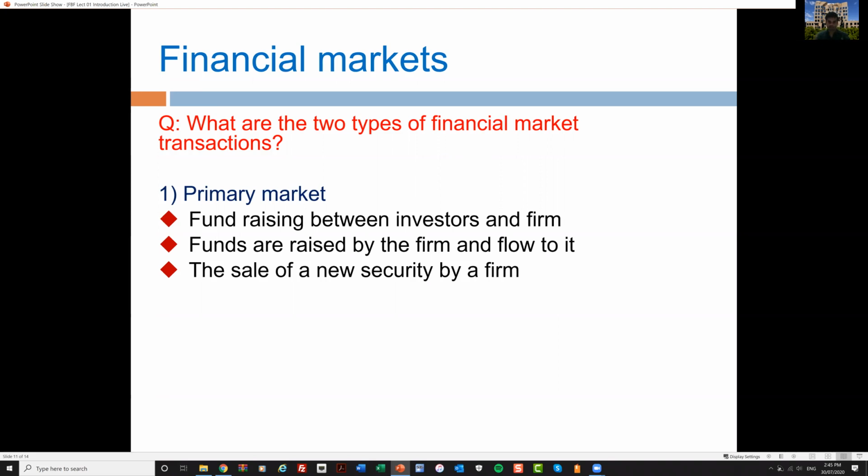As Darcy stated correctly, a good example of a primary market transaction is an IPO, an initial public offering. This is when a company sells shares in itself for the first time. One that I can remember off the top of my head is the Facebook IPO.